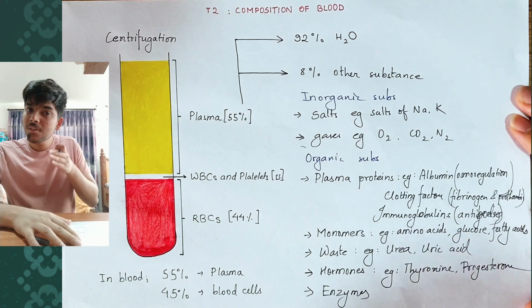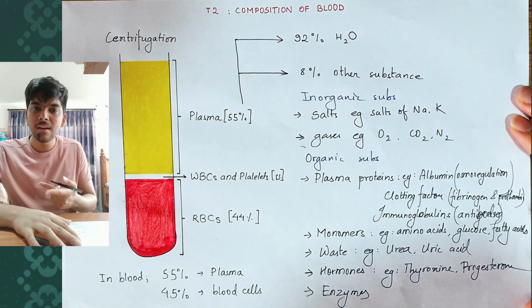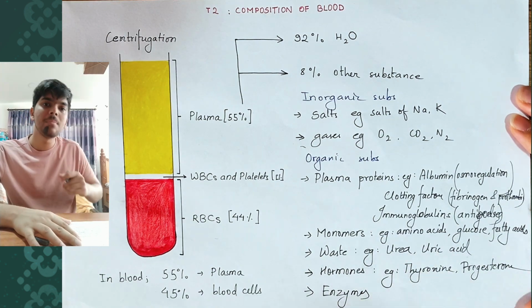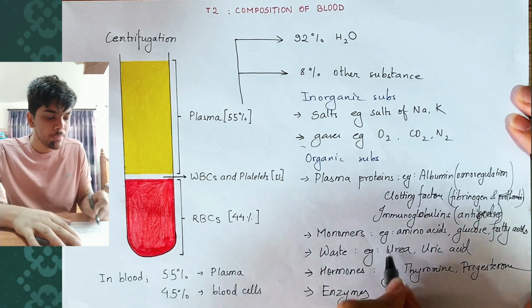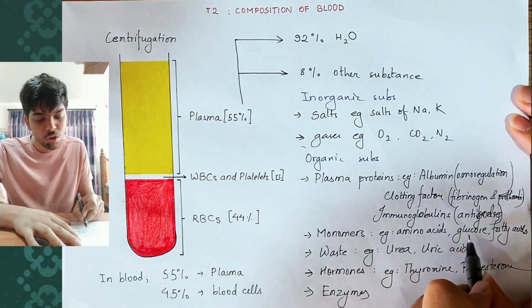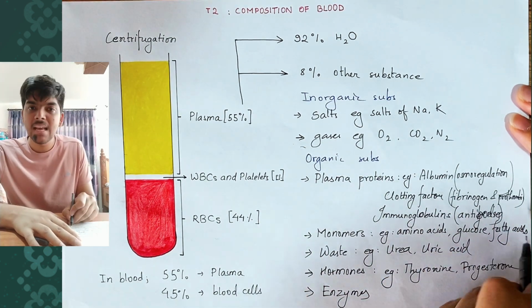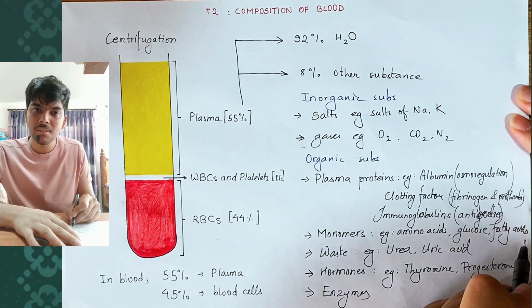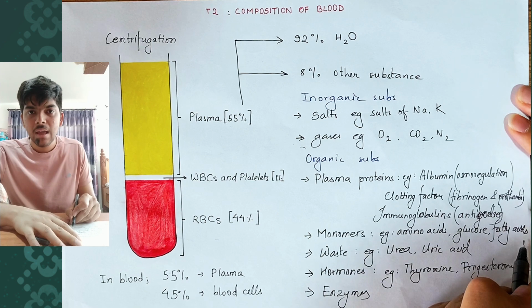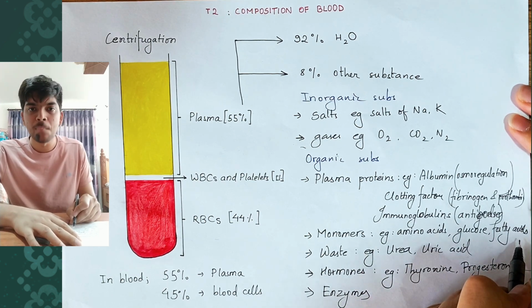So these are first broken down chemically and mechanically by our digestive system and finally converted into an absorbable form called monomers, such as for protein it's amino acid, for carbohydrate it's glucose, for fats it's fatty acid and glycerol. Once absorbed by the digestive system, they enter into the blood and through blood get distributed to different parts of the body.